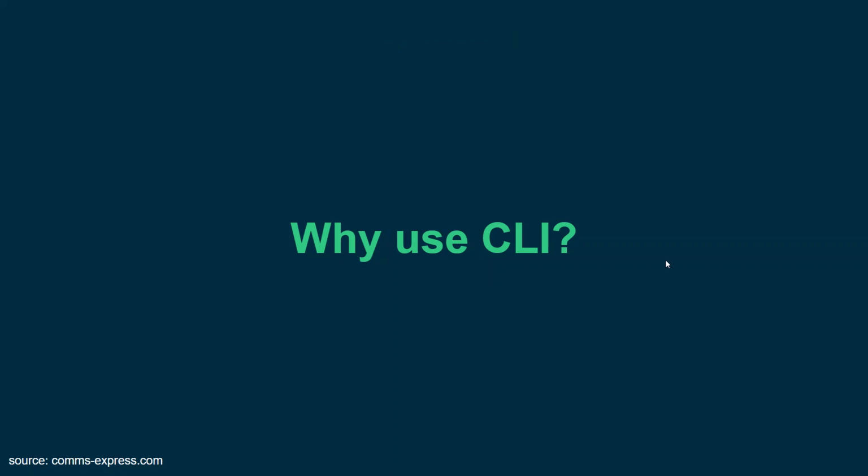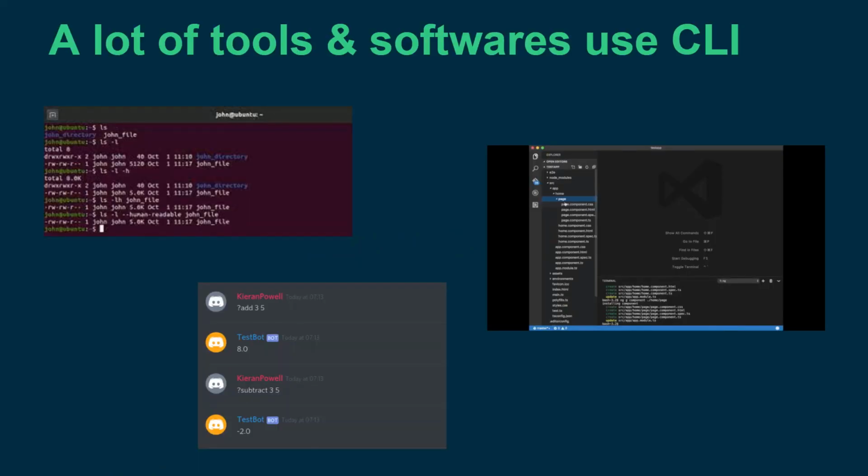So why use CLI? Why not just use a graphical user interface, since it's way easier to understand? Why do we need to force ourselves to remember commands that are sometimes very weird to memorize? The first reason is that a lot of tools and software use CLI. I'm a data engineering student, so I'm not much of an expert on other topics. But I assume that if you are developing in a Linux distro like Ubuntu, a lot of things you can only achieve by typing a command in the command line interface.